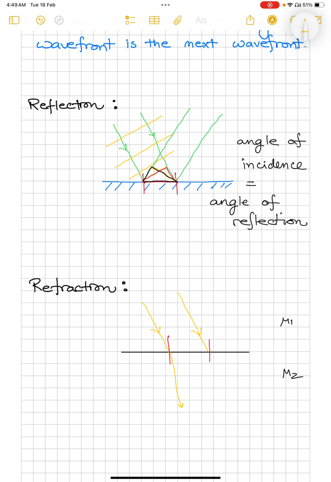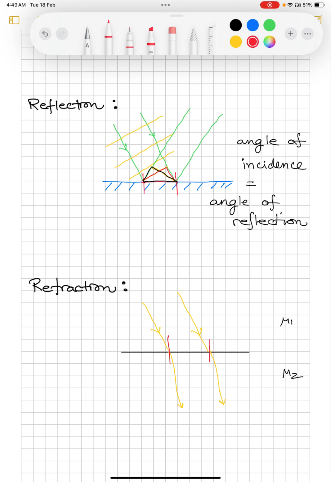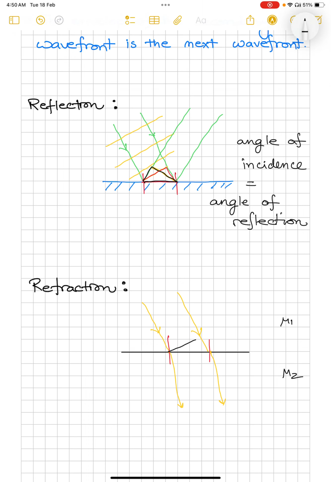Suppose it is going from a rarer medium to a denser medium. Now what will be the wavefront at this point? This will be the wavefront. And what will be the wavefront here? At this point, this will be the wavefront.